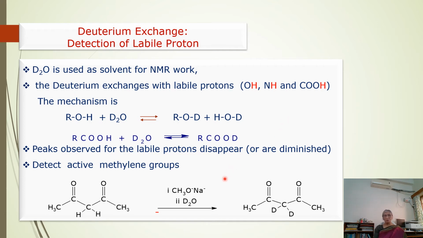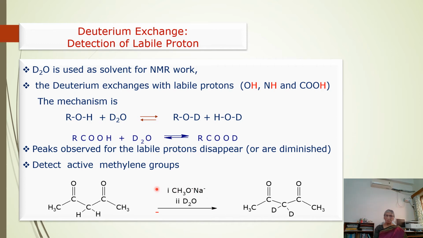This method is also used for identifying the active methylene protons. Active methylene protons are those which are present in between two carbonyl groups. So active methylene protons are highly acidic protons, and they can also be replaced by deuterium when treated with deuterium oxide.